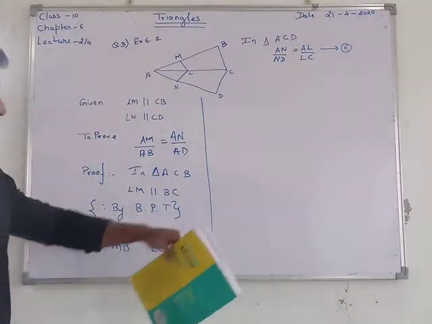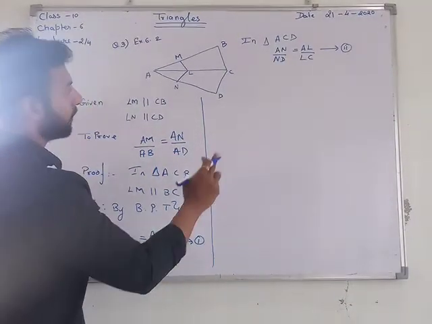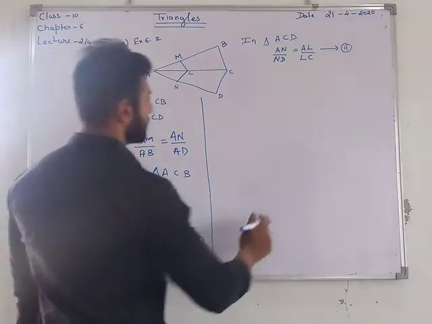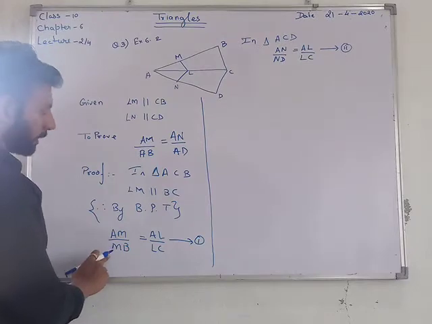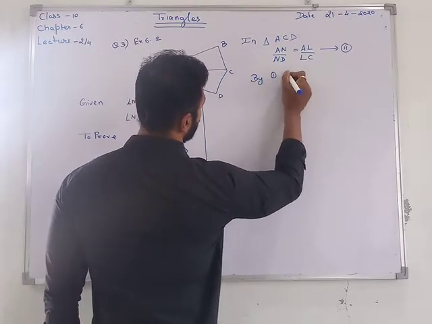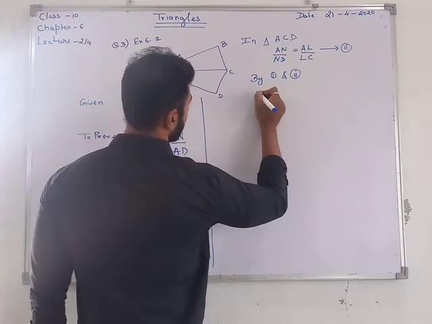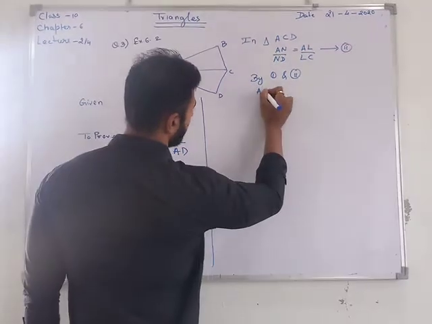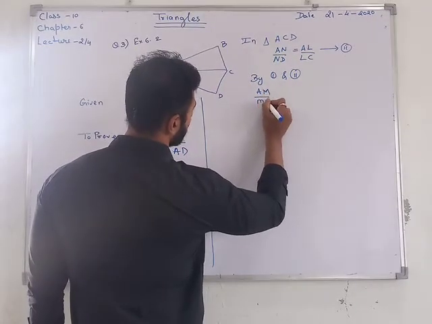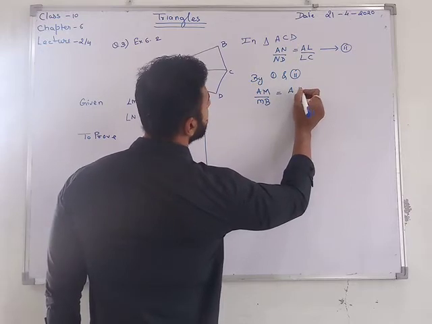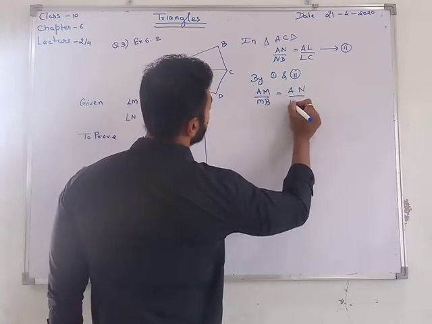Now by first and second we can see that the LHS of both the equation are equal. Therefore RHS will be equal. AM upon MB is equal to AL upon ND.